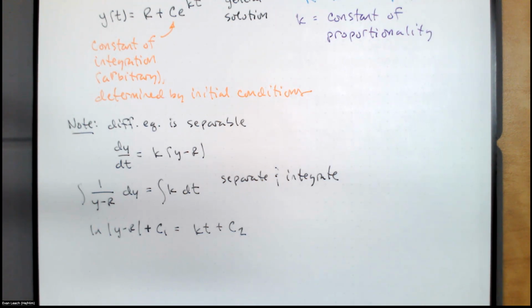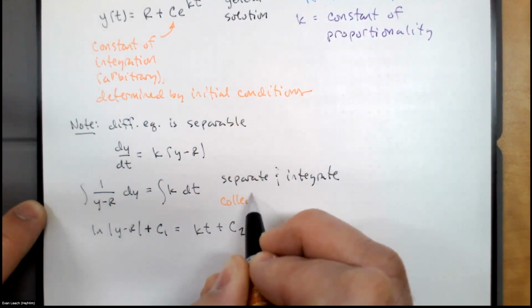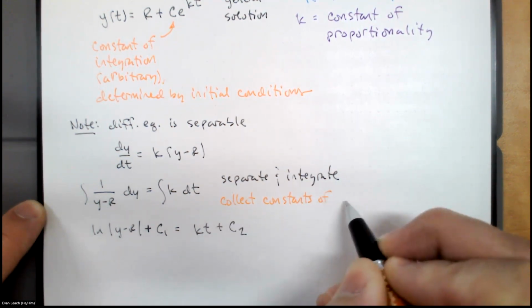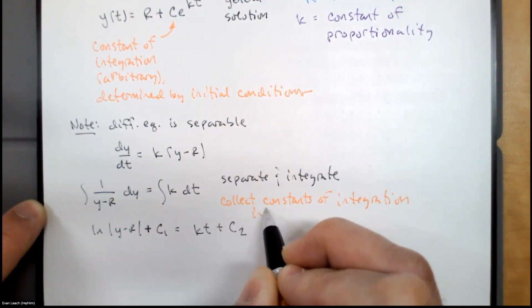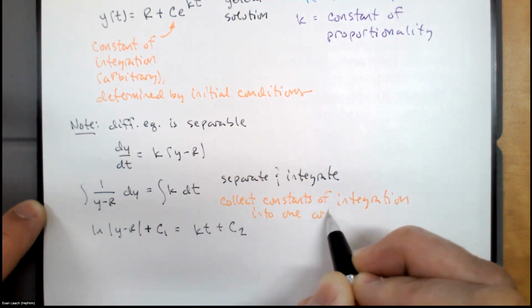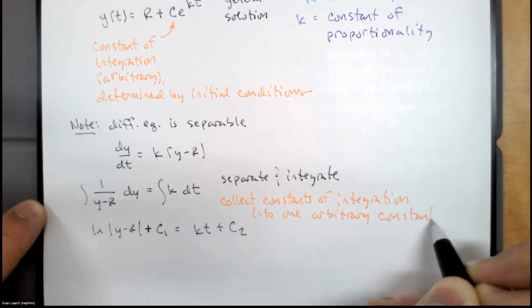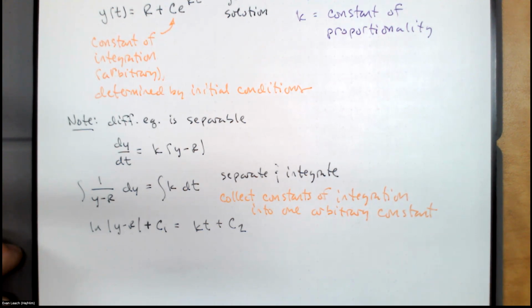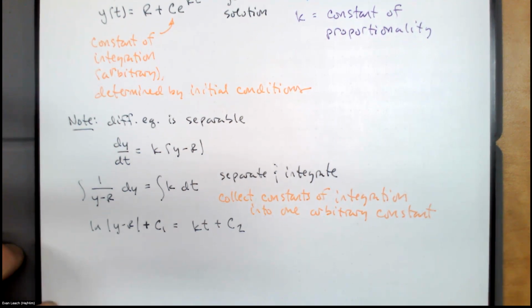So what we do is we gather all the constants of integration. Right now, it doesn't matter what value they are. They're arbitrary. So I'm just going to subtract the C1 from the C2 and get some other constant.